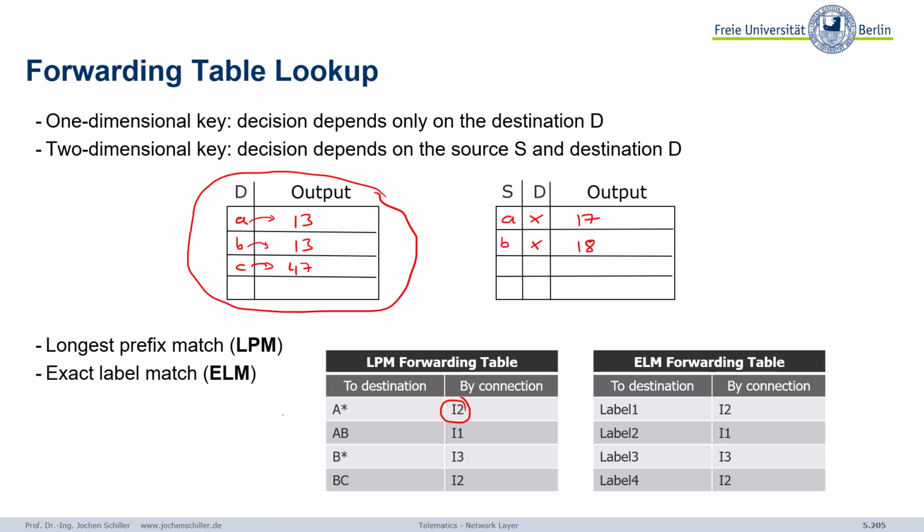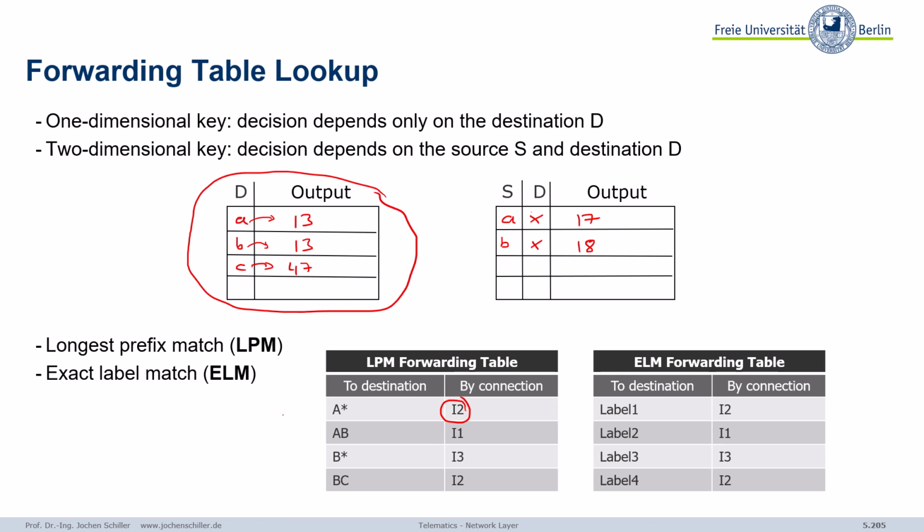I say, okay, traffic stream 4711 always takes this and that, and during some kind of connection setup phase, you set up a connection across the network and you label traffic streams that then follow the path along these labels. We will focus more on longest prefix match, the internet style of forwarding packets.